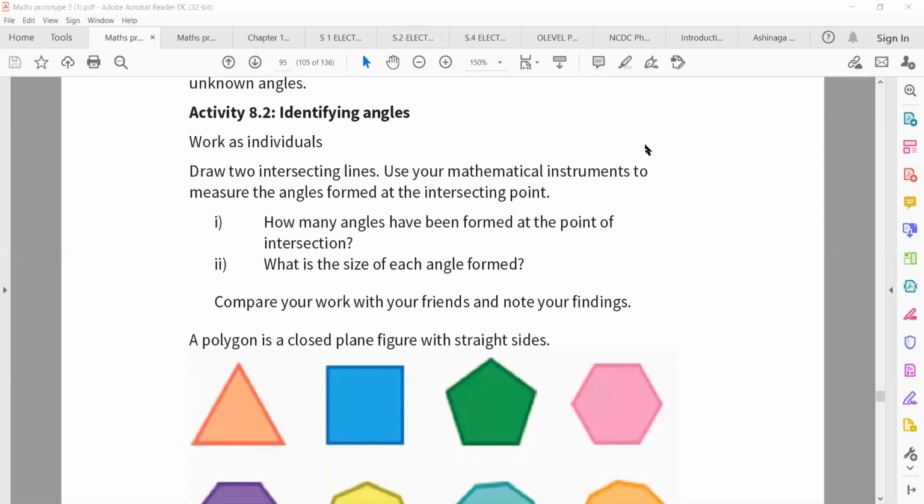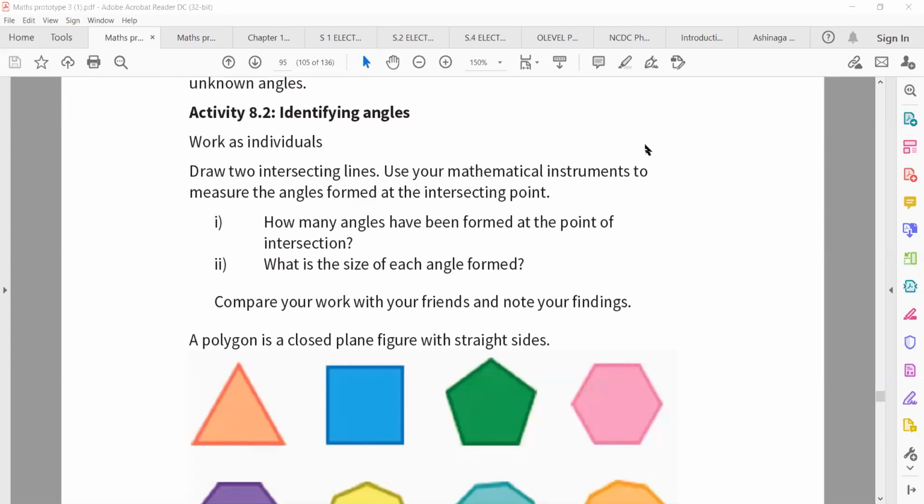Can you hear from our D4? 60 degrees. How many angles? Not the total sum. Okay, can we hear from Ruiz Kwagara?